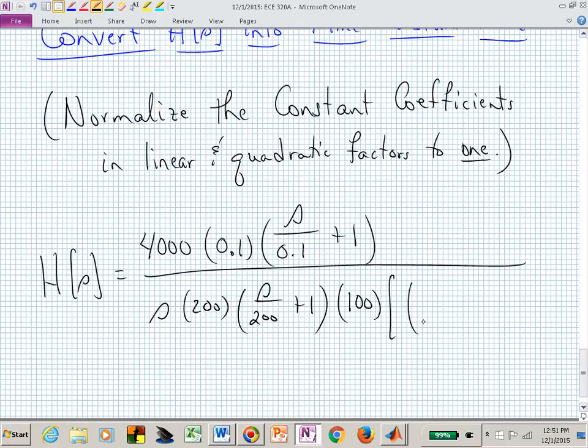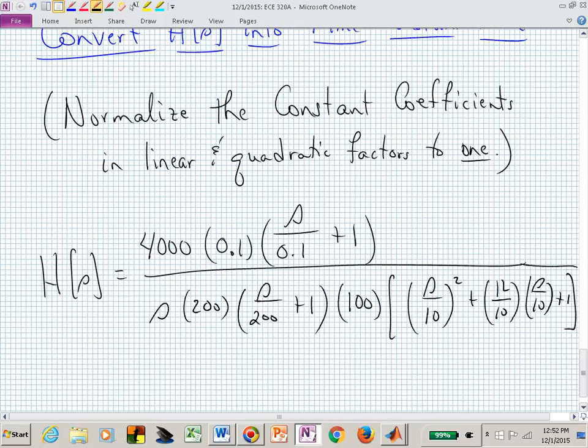And what we are going to do is write that in such a way that we have normalized this s term by the natural frequency of 10.